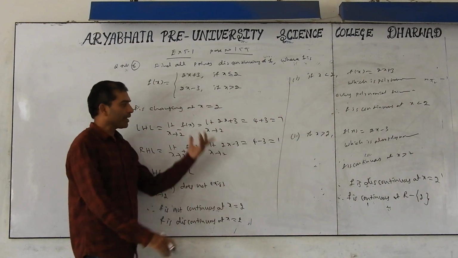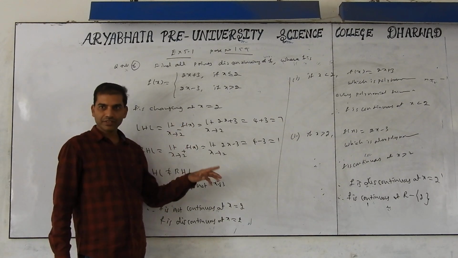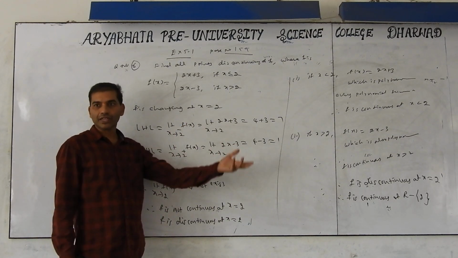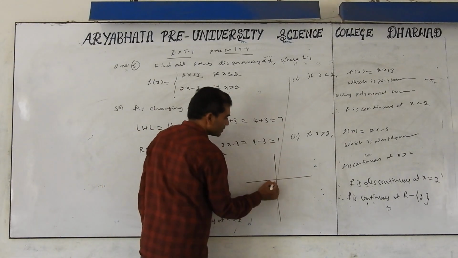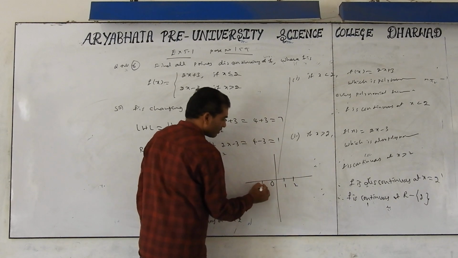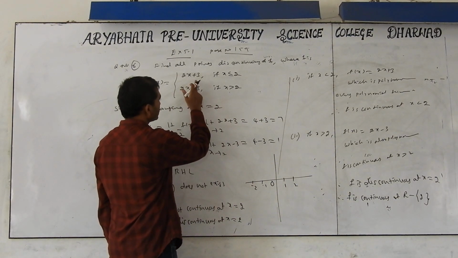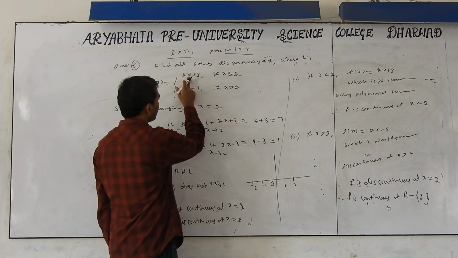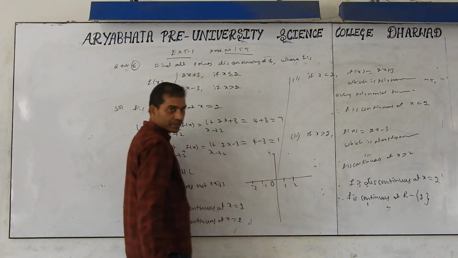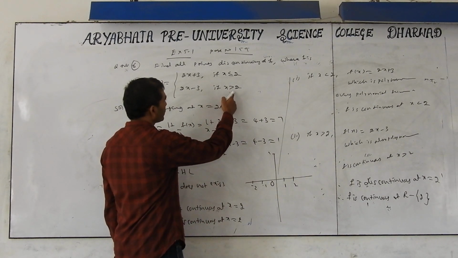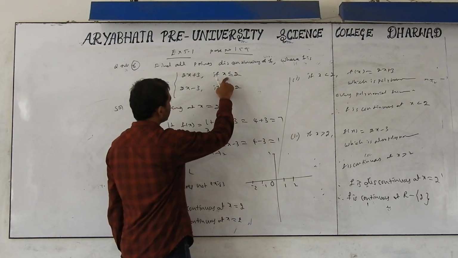This we can find by the graph method also. If you draw the graph, at 2 you will get a break. Other than 2, there is no break. If you draw the graph with 0, 1, 2, minus 1, minus 2: at x equal to 0, 2 into 0 plus 3 gives 3. Below 2, if you take 1.9, around 7 comes.